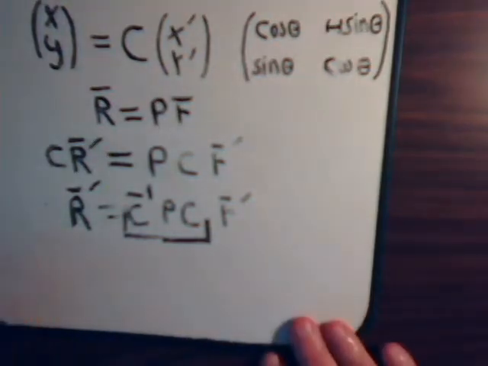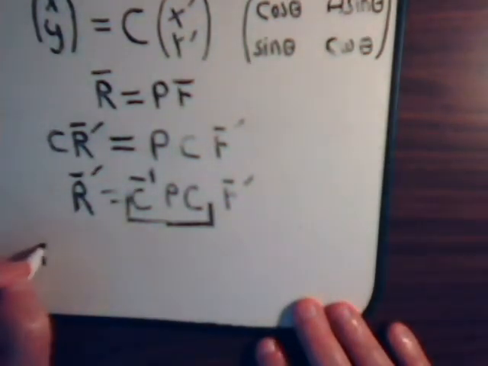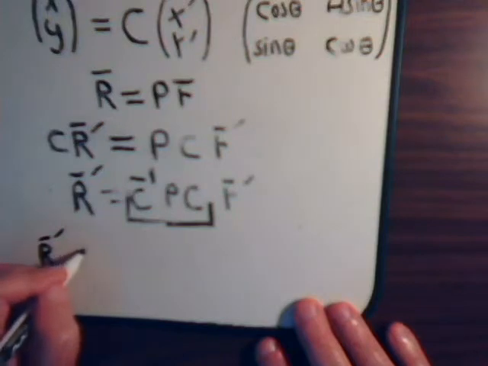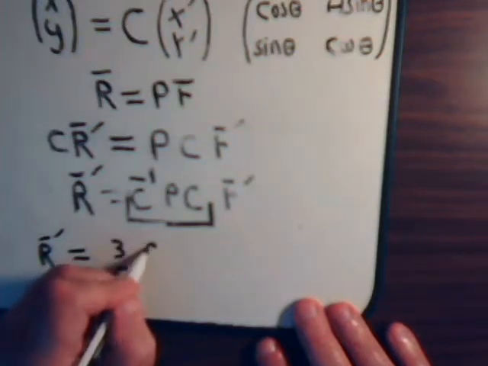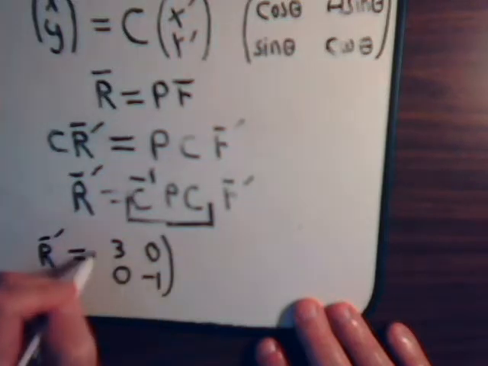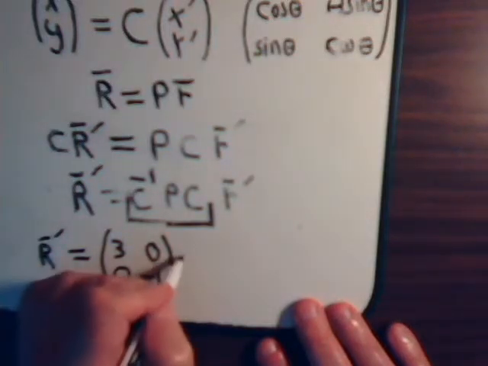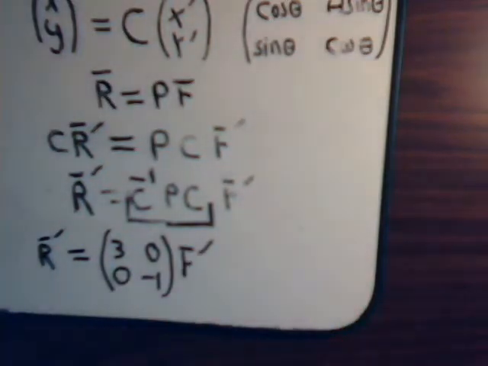We know R prime equals the diagonal matrix 3, 0, 0, minus 1, there's the diagonal matrix times R prime. Very simple.